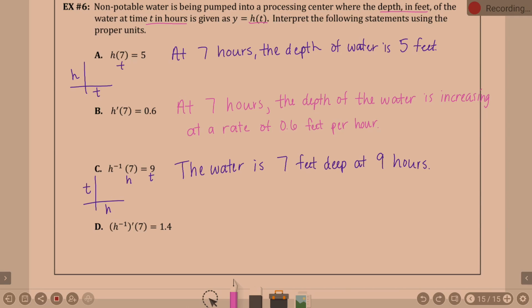We have to realize that 7 is our input here, and that's the height. What's our rate is the 1.4, and that is our time. So the input that's given is when the depth of the water is 7 feet. It's weird to say that it's a rate changing 1.4 hours. So that's why it's 1.4 hours for the depth to increase 1 foot more.